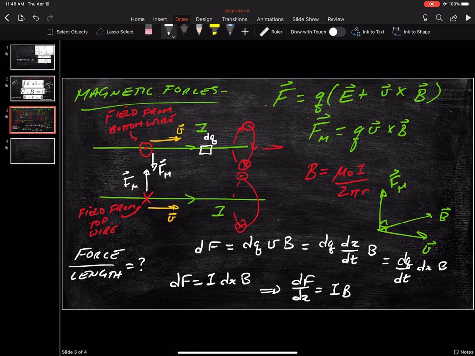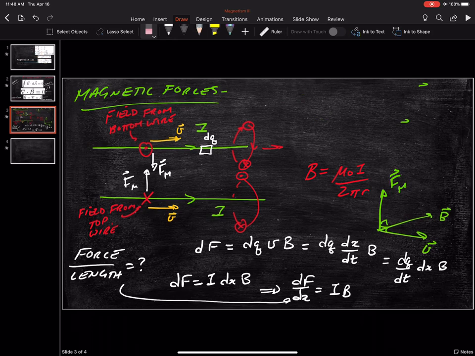So the current in one wire, and this is our force per length, times the magnetic field that that same wire feels. And so just to actually get a number for this, let me take this expression, so my force per unit length, which is my dF/dx, is the current times B. But here's the B. And suppose that the separation between these wires we call d.